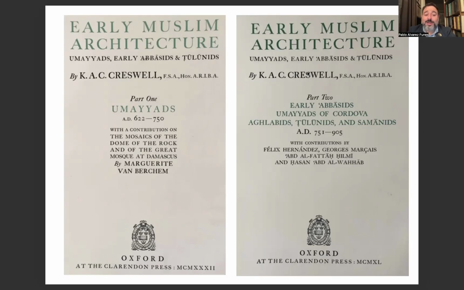And you can see as well the contributors. So we have our friend Felix Hernandez. He wrote all the part about Spain. That's why I remember the first time I read this book, I said, I have read all this, because it was Felix Hernandez and Leopoldo Torres Balbás who gave him the introduction. It's not that he's stealing them, he quotes them. I mean, he's a British gentleman, he honors them.